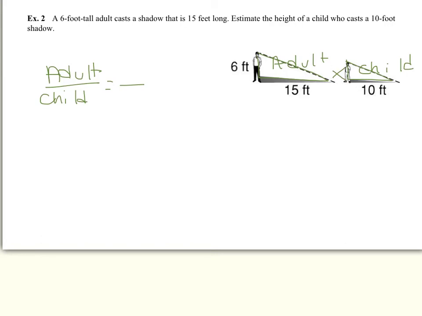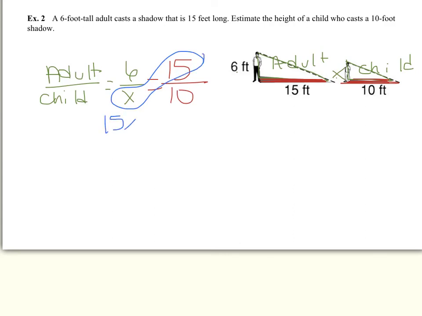So I'm going to compare the height of the adult being 6 and the height of the child is X. The shadow for the adult is 15 and the shadow on the child is 10. Now I have a proportion set up. I can use my cross products.